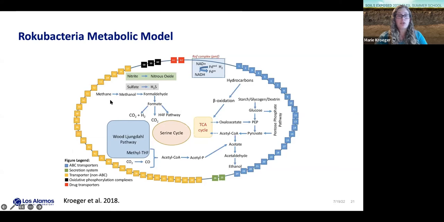It's able to actually oxidize methane. This was the first one that found the particulate methane monooxygenase gene in the MAG. It's also potentially able to oxidize other hydrocarbons. And it has a number of different pathways that I'm not going to go into detail on, but feel free to go and look into this paper a bit more if you're interested.